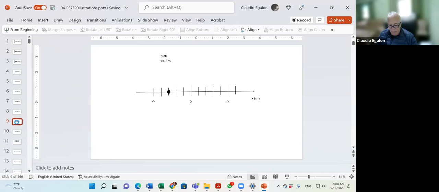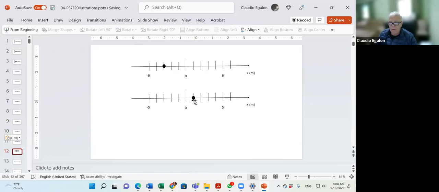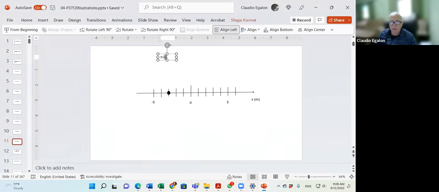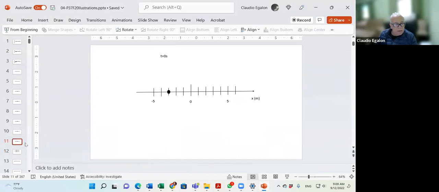And then a little bit later on, the particle moves to another point along the x-axis. I'm going to write that down. Here you go. t equal to 0, x equal to minus 3.